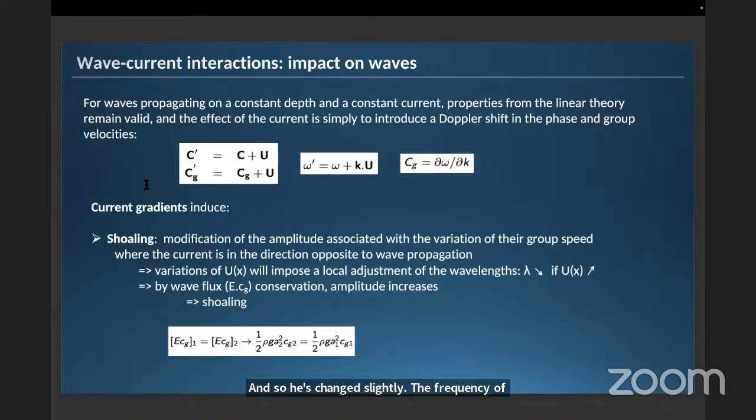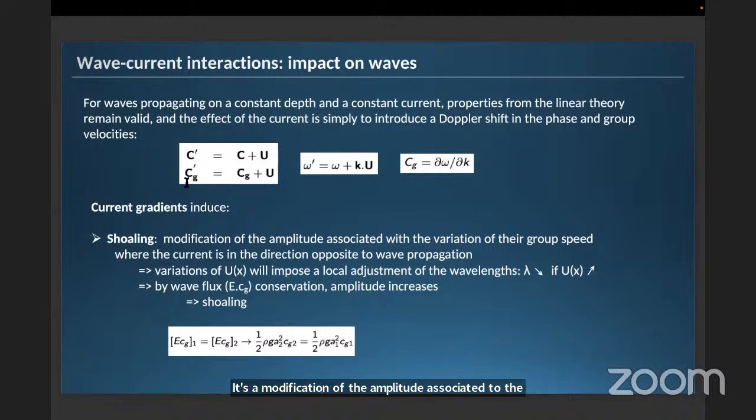And so we have different impacts of this change on waves. So first, for example, current gradients induce shoaling of the waves. What is shoaling? It's a modification of the amplitude associated with the variation of the group velocity.